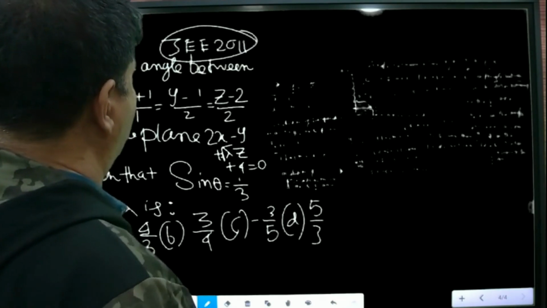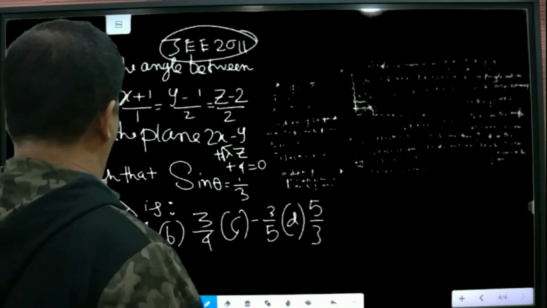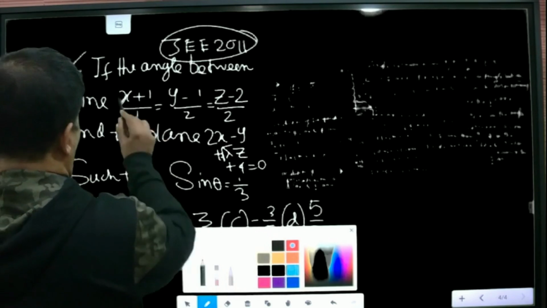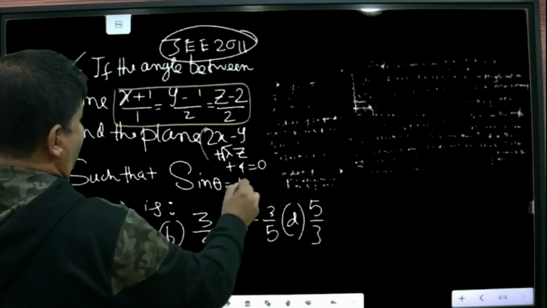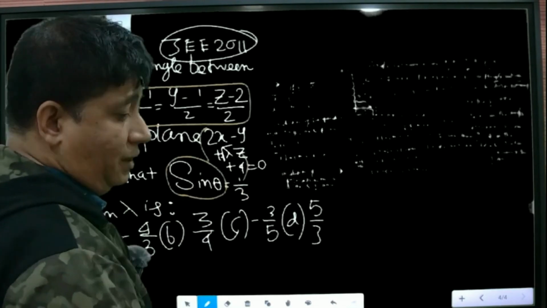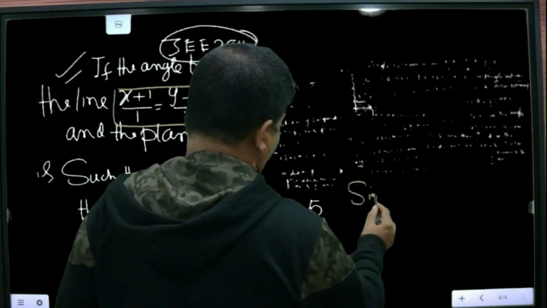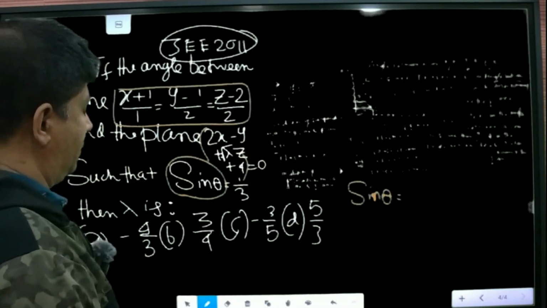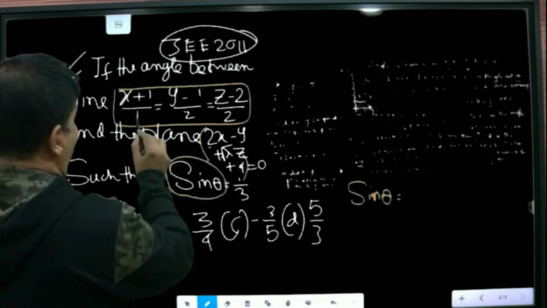Now, how to solve the sum? Here, the angle between this line and that plane is theta, and sin theta's value is also given. Sin theta means what? AL plus BM plus CN.